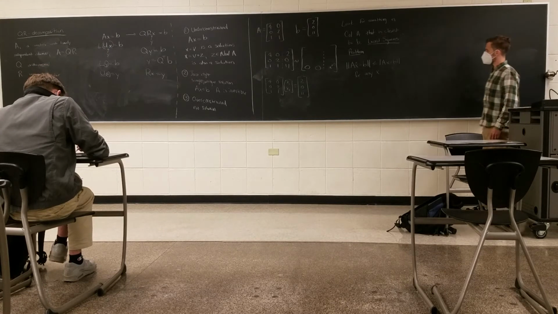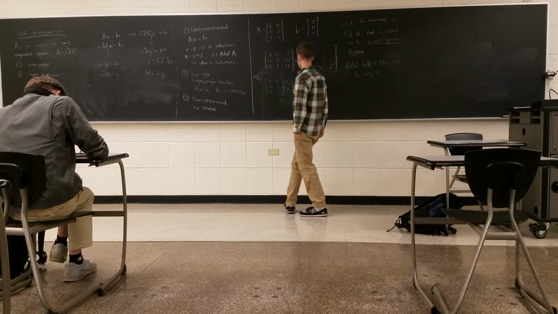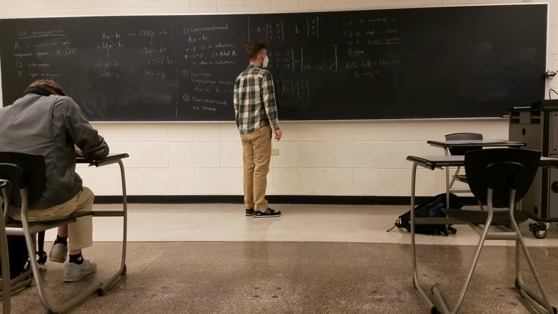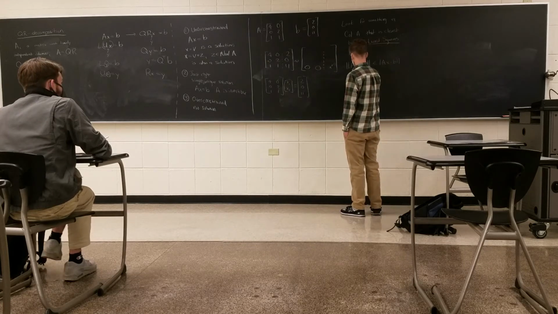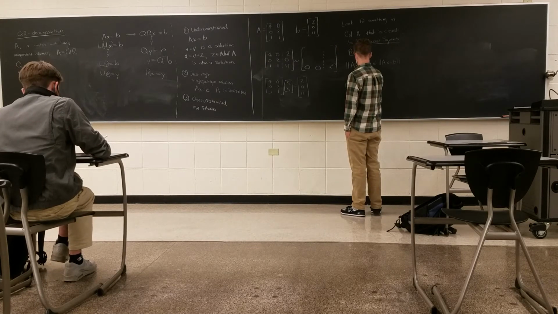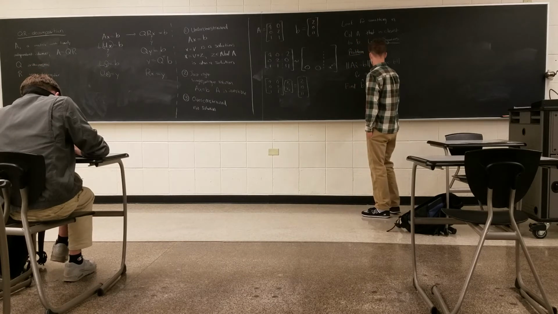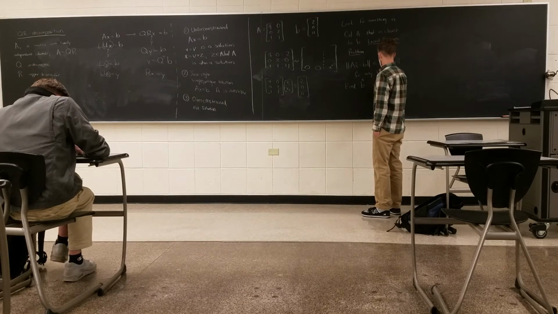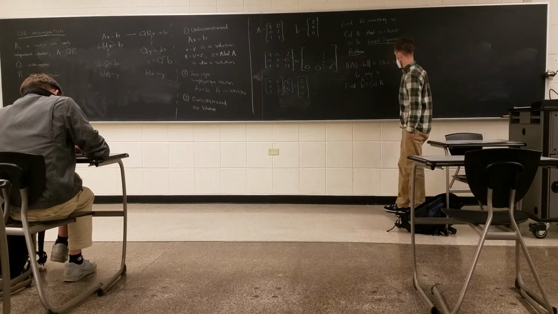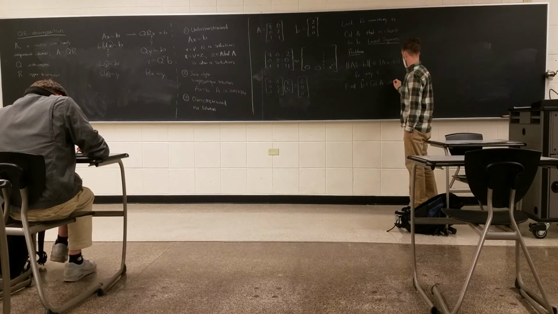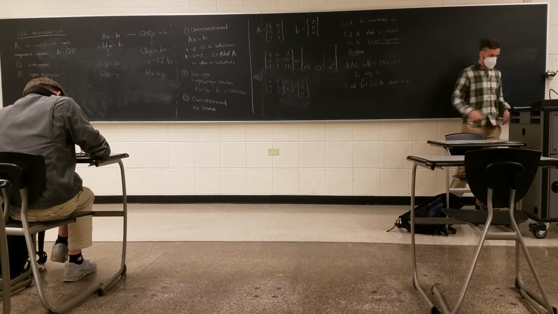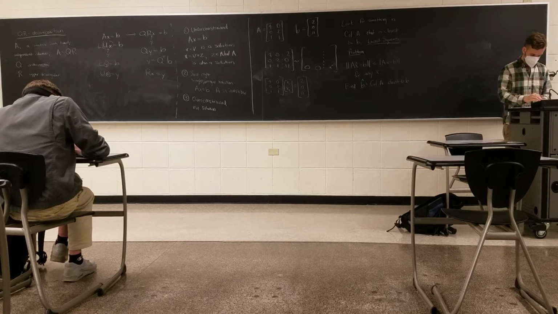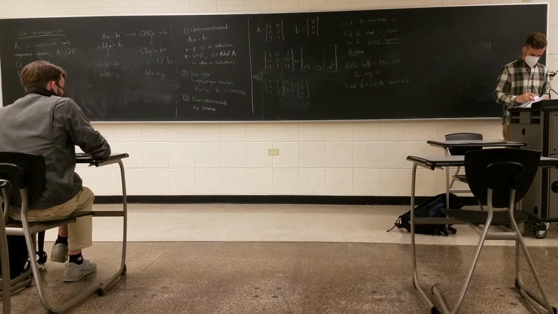Okay, how can we do this? What we will do is we will find b hat, we'll write it like this, b hat in the column space of A, closest to B. And this, in fact, we already know how to do, right?